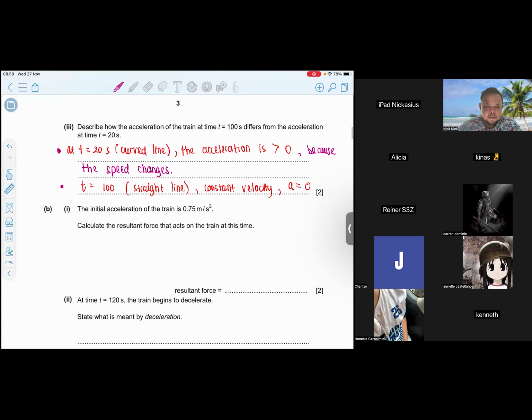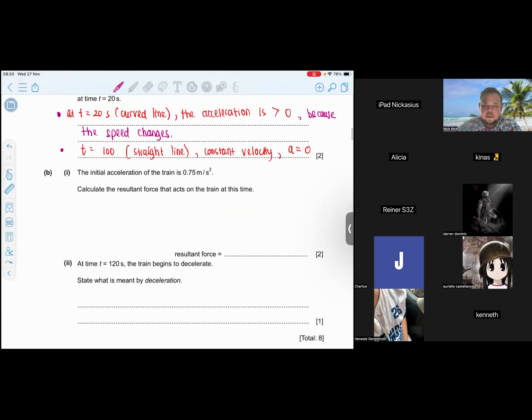Number B. The initial acceleration of the train. A. Calculate the resultant force X on the train at this time. So we can use F equals mass times acceleration.